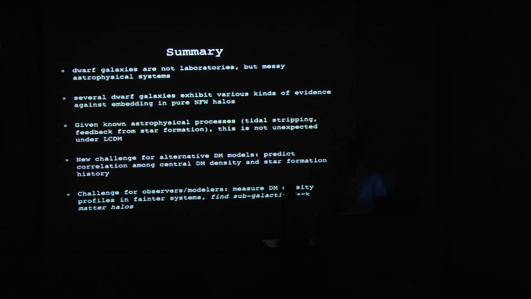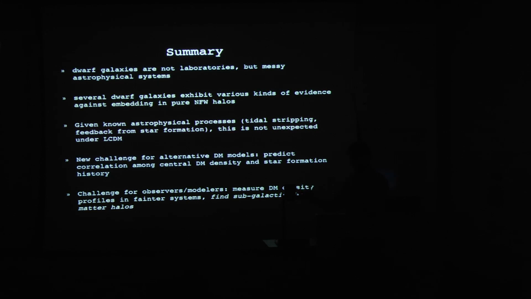Finally, I'll summarize by harping on my theme that dwarf galaxies are perhaps one of the better probes we have of the nature of dark matter, but they're not laboratories, so there's some nuance here, and we have to treat these as the messy astrophysical systems that they are. Several dwarf galaxies are showing evidence against the NFW profiles that I think we naively expected if there's classical or canonical cold dark matter.